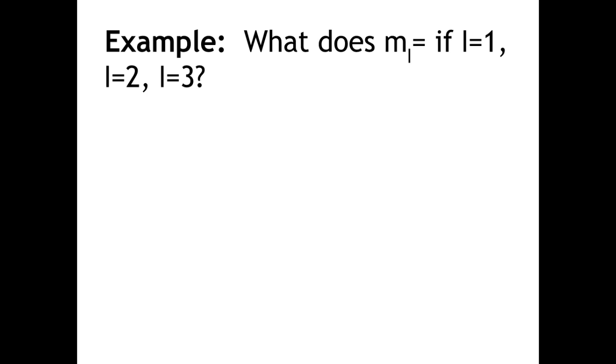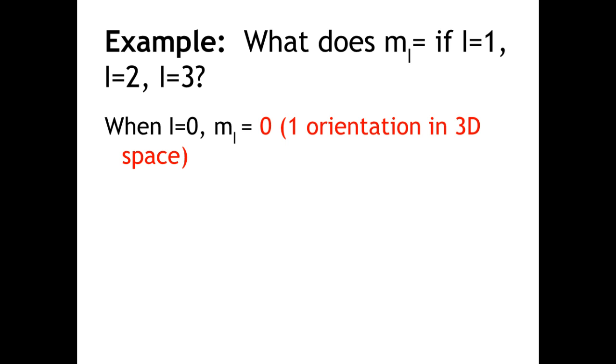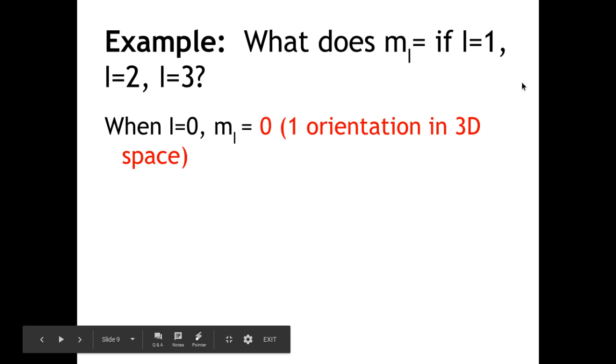If the l is 0, l is 1, l is 2. So, when l is 0, we know that m sub l is 0. Why is it 0? Well, because l of 0 gives you 0, and that means you have 1 orientation in 3D space.